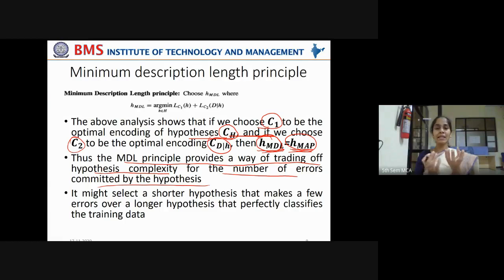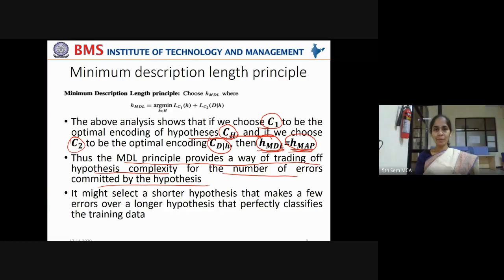I'm repeating again, you have two options. One, a simple hypothesis making some errors, and another option, a complex hypothesis, which is very perfect. Which one do you choose?